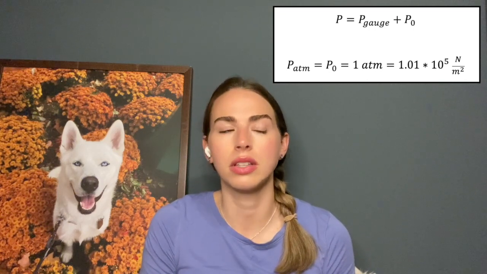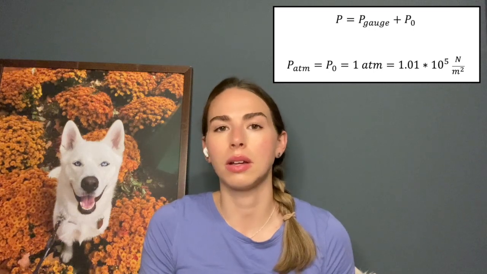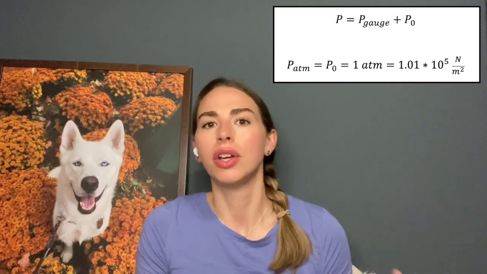In standard SI units, that would be 1.01 times 10 to the 5 newtons per meter squared. Newtons per meter squared is also called a Pascal, and that's the scientific unit for pressure.